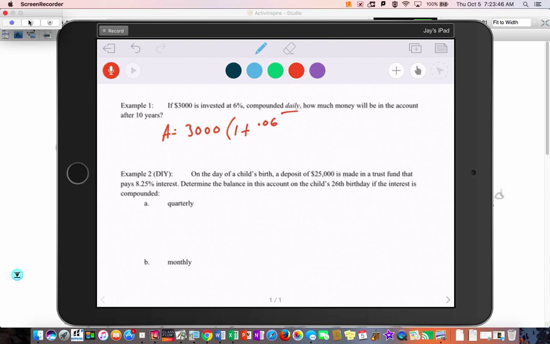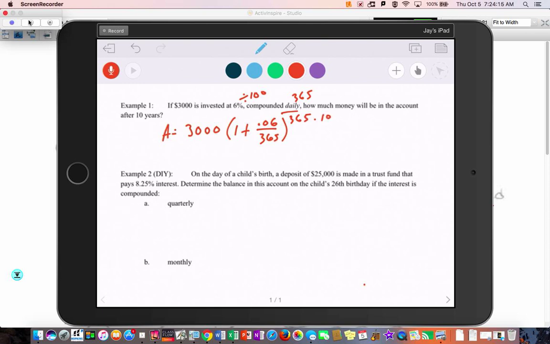So remember, you always divide by 100. That'll give me 0.06. Daily, we would say there are 365 days in a year. 365 days. Raised to the N, again, 365 for 10 years.